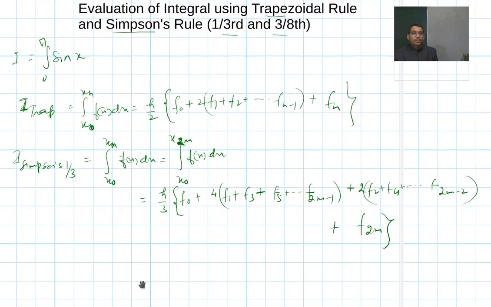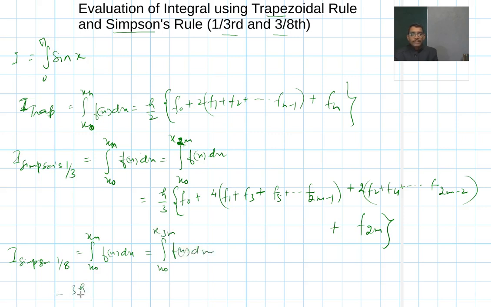Now let us talk about Simpson's 3/8 rule. According to the 3/8 rule, the integral from x naught to xn of f of x dx can be written as the integral from x naught to x3m of f of x dx.